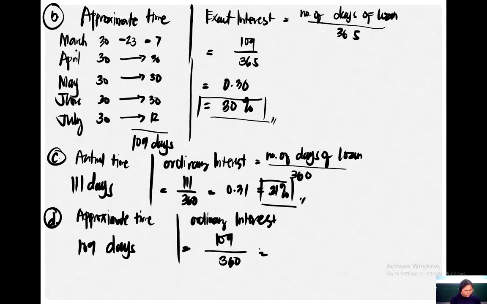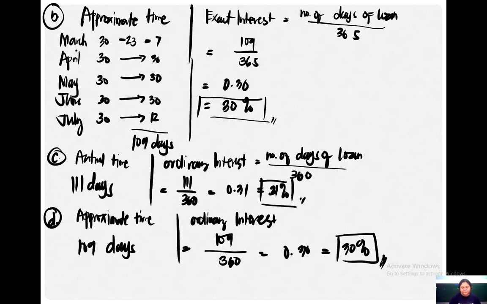So the answer is 0.30. It's already rounded into 2 decimal places. So if you convert this into percent, into rate, this is equal to 30%. So if we are going to get the ordinary interest of the loan using the approximate time, the interest is 30%.